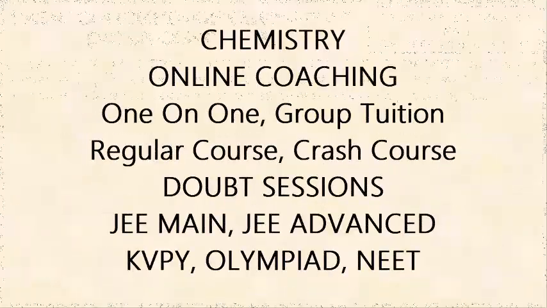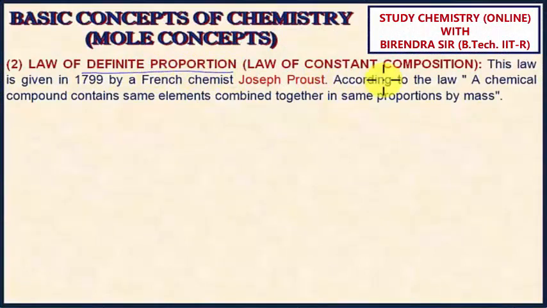Now I will take another law here. Law of definite proportions, also known as law of constant composition. This law was given in 1799 by a French chemist, Joseph Proust. According to the law, a chemical compound contains the same elements combined together in the same proportions by mass. For example, if I take H2O, CO2, NH3.